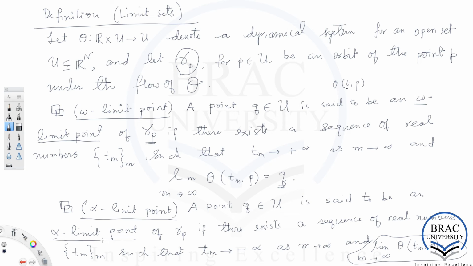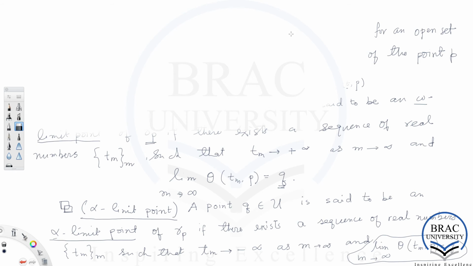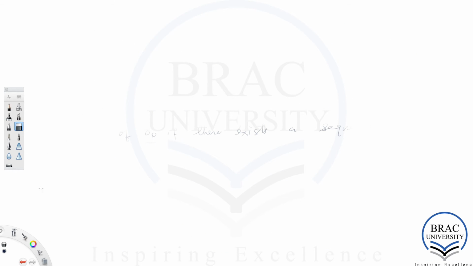Okay. Now the definition of omega limit set. Now that we know the definition of omega limit point, we can define omega limit set. Let me erase everything. Our next definition is that of an omega limit set.